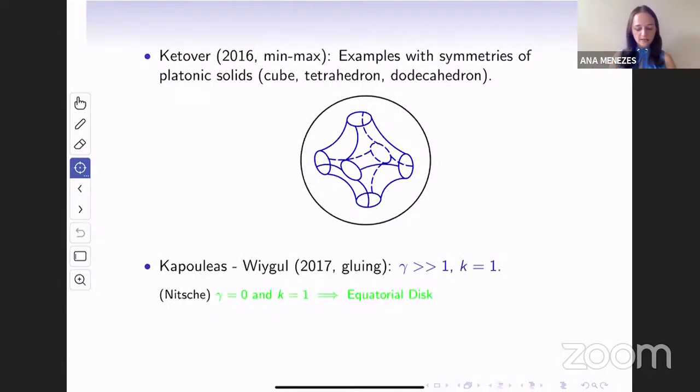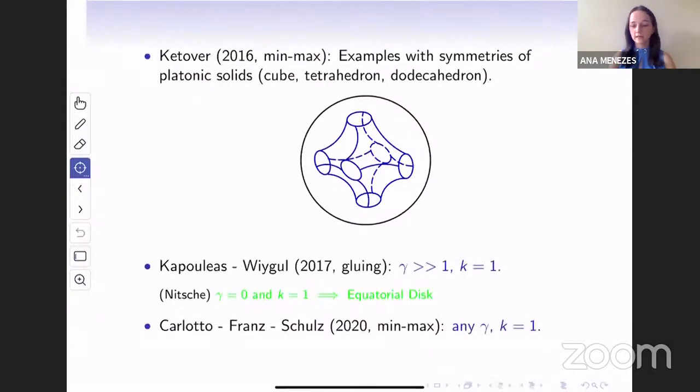So you could ask if this result is still true if you remove this topological assumption. But the examples by Kapouleas and Wiygul show that no, we have many other examples besides the equatorial disk. Okay, and it still remained open to show the existence for any genus, and that was recently proved by Carlotto, Franz, and Schulz. They constructed that.